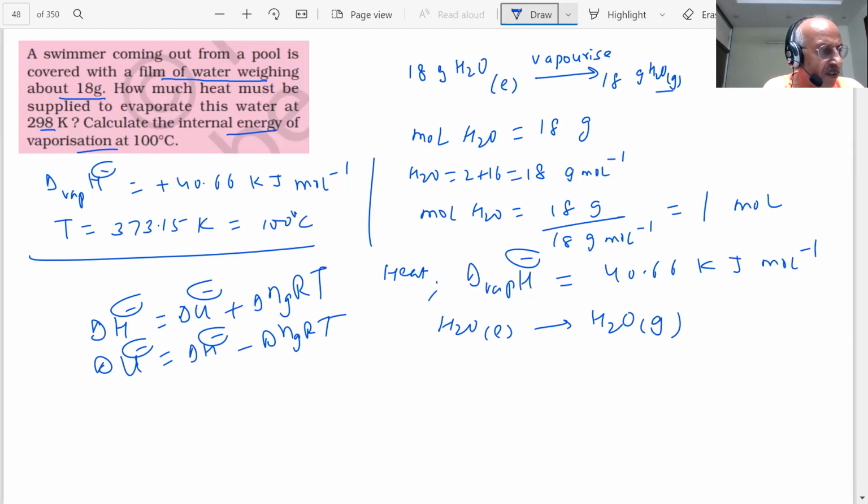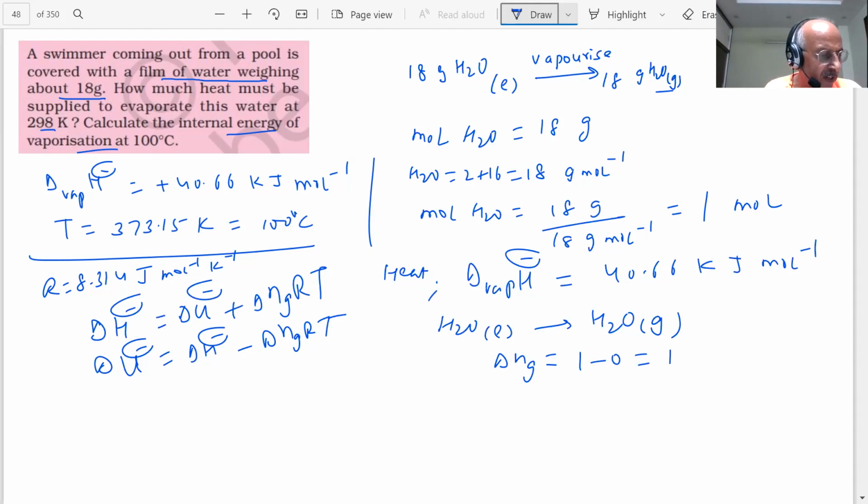What is the value of R, student? 8.314 joule per mole per Kelvin. You have to calculate the value of delta n g for this. How many gas moles? There is no gas here, 0. 1 mole. So delta n g is 1.